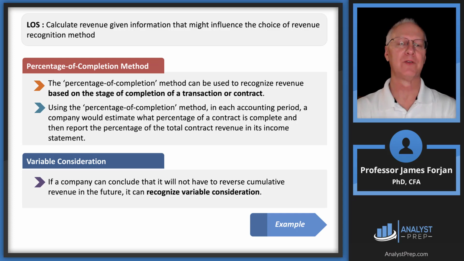A couple of other interesting things about recognizing revenue. Suppose that you and I agree to a transaction, and I'm a construction guy, and you want me to go ahead and build some kind of a massive structure. Well, we're probably going to use the percent of completion method because I'm going to ask you to pay me.